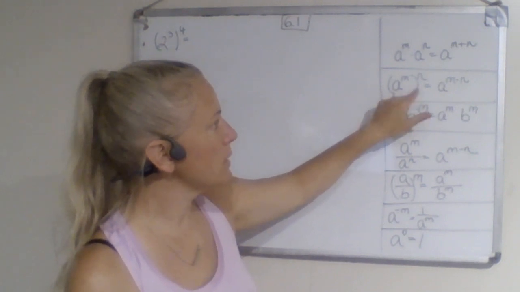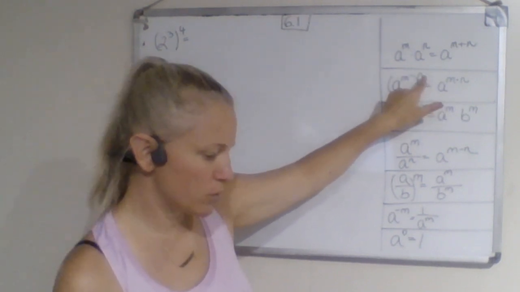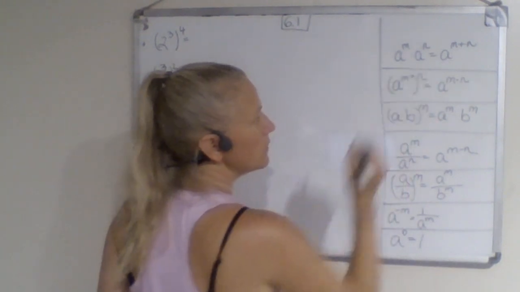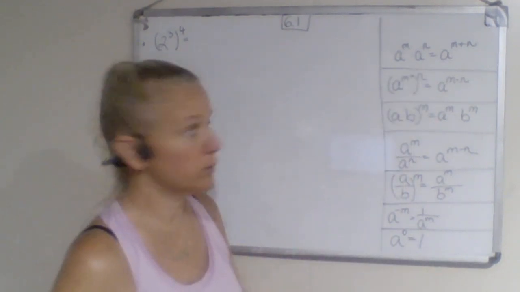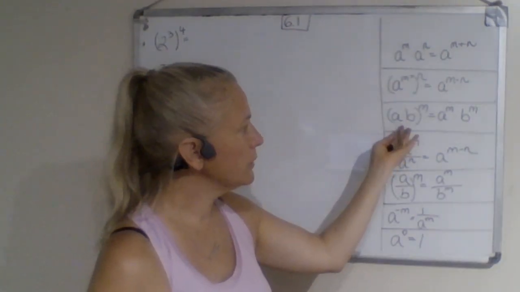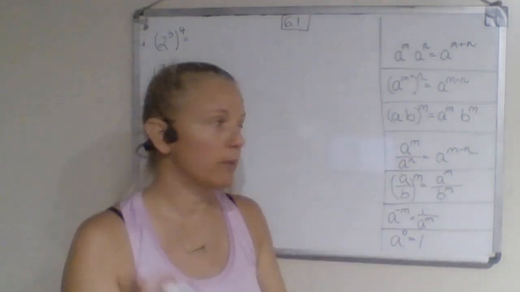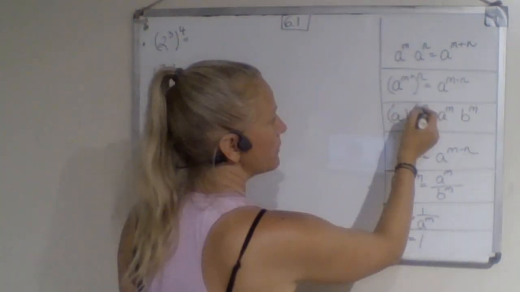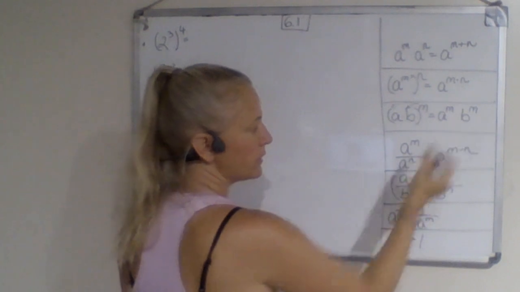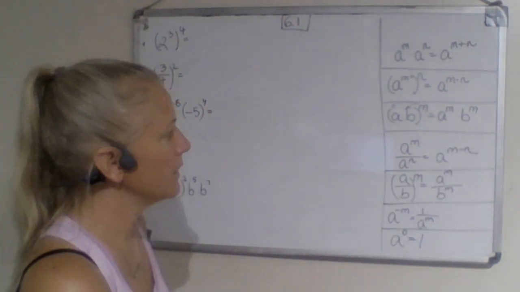If we have a number raised to a power, and then parentheses and raised to a second power, remember, we multiply the 2 exponents, and I get the right answer. If I have 2 different numbers raised to the same power, we can distribute that power, and it becomes the first number to that power times the second number to that power.